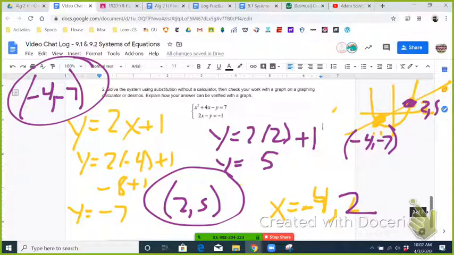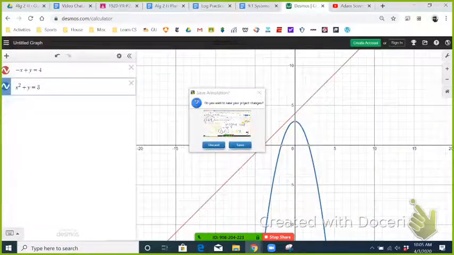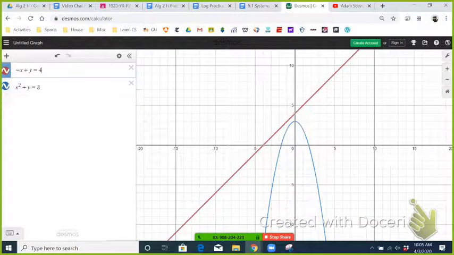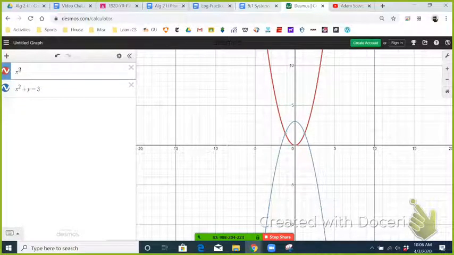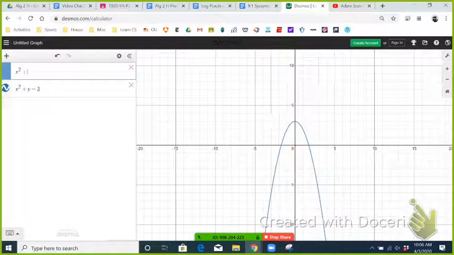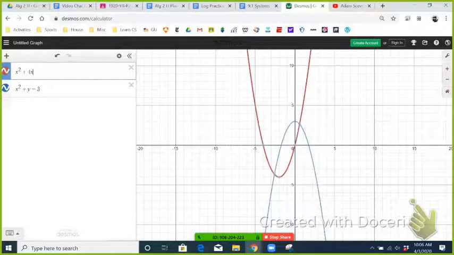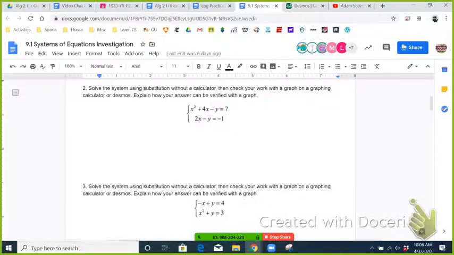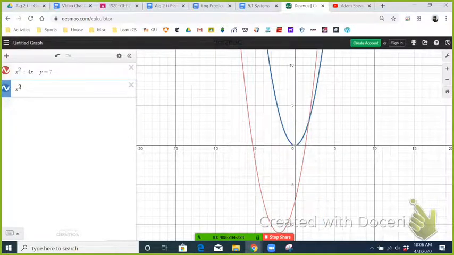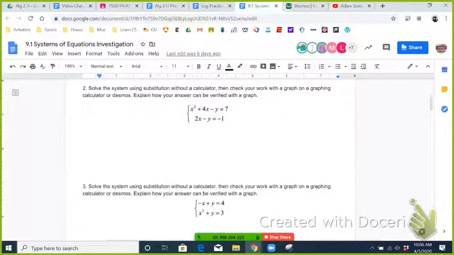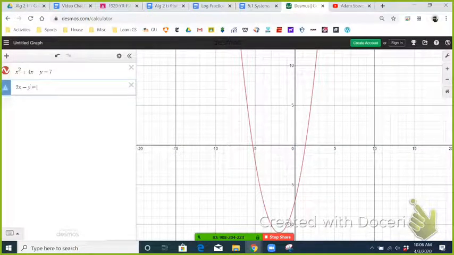And we can check that by graphing these. So if we do x squared plus 4x minus y equals 7, and then 2x minus y equals negative 1.